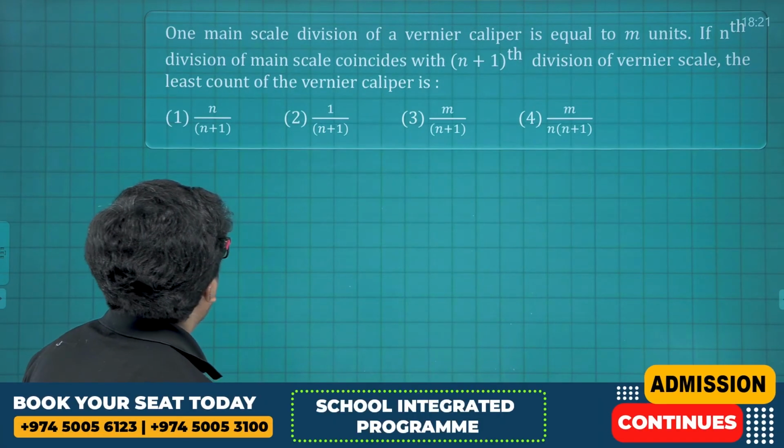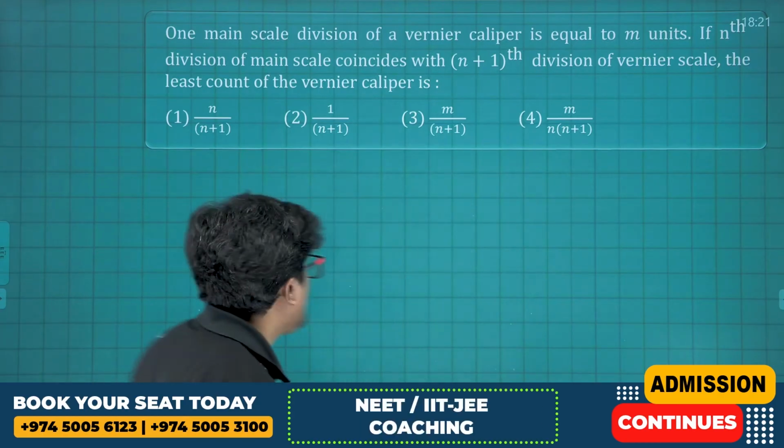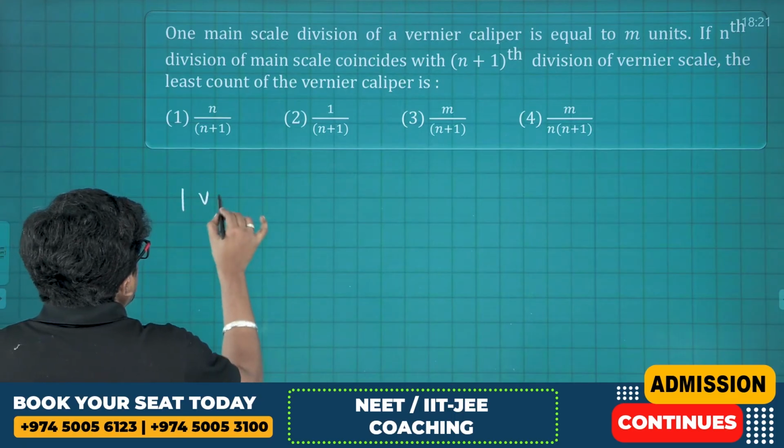The question says, one main scale division of a Vernier caliper is equal to m unit.